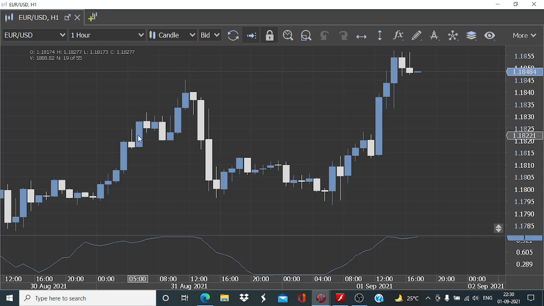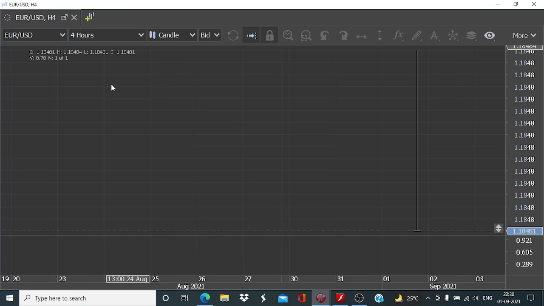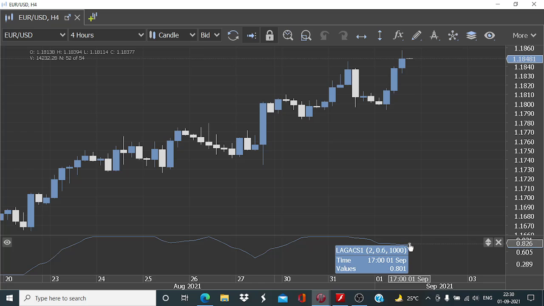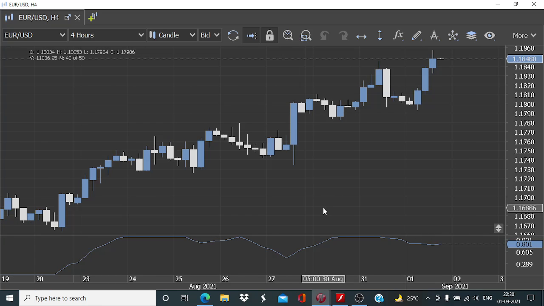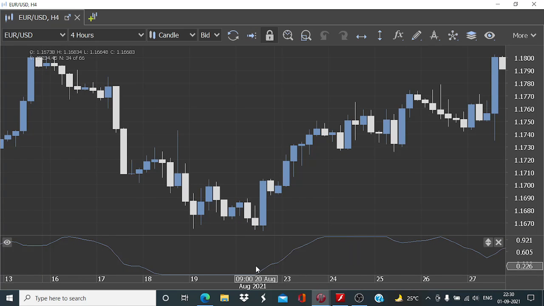The logic is going to be simple. We want to be trading with the trend, and for that we are using two different time frames. One is 4 hourly and another is hourly. We will be looking to trade when the momentum is bullish, and for that we are utilizing a simple criteria. We are using a classical setup.